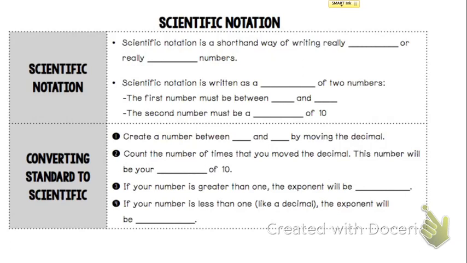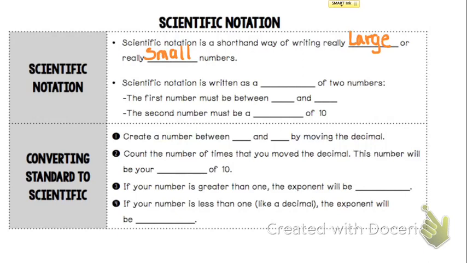Okay, so we're looking at what scientific notation is. Scientific notation is a shorthand way of writing really large or really small numbers. So you have large and very small numbers.